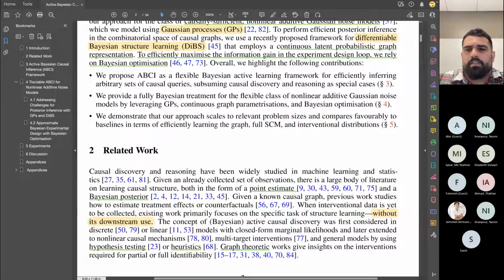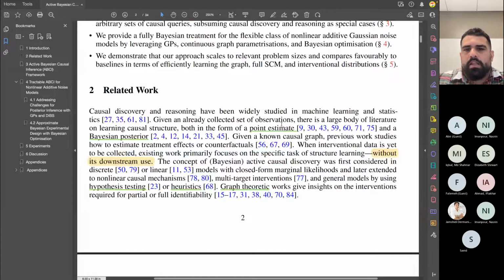In section 5, they talk about different sample sizes and observational data, and how that relates to learning the full graph or learning the graph partially. They also talk about the distributions and different things they use in their approach. After that, they have an experimental section that shows how this approach is superior to other methods, along with other types of experiments.